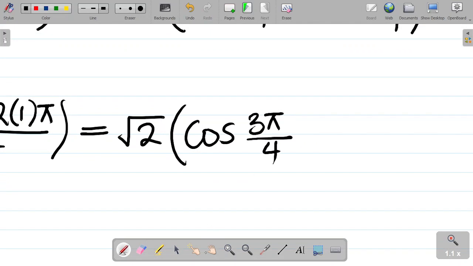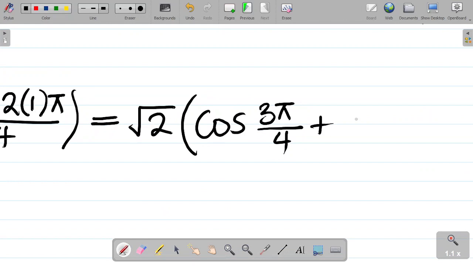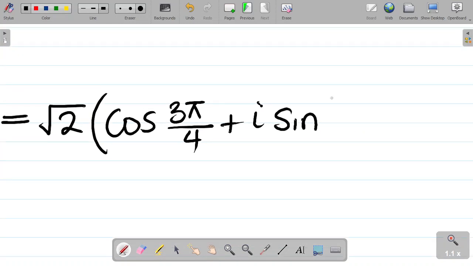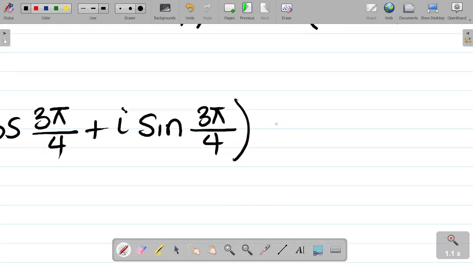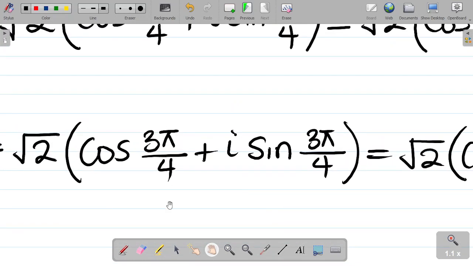So this into cos 3 pi all over 4. We have this. Proceeding, I have plus I sine, of course, we said we have the same answer here, so don't stress. Just come here and write 3 pi all over 4. Now proceeding, this is equal to root 2 into, I have this as cos, what's pi? We said pi is 180.